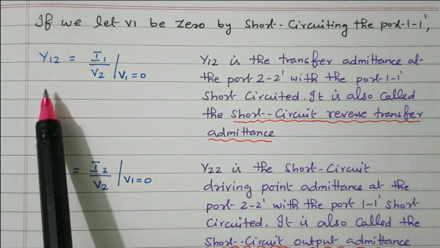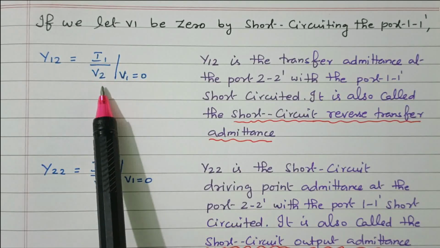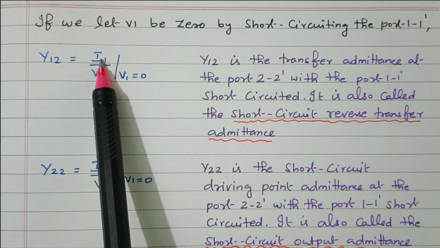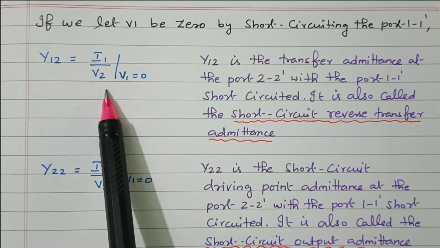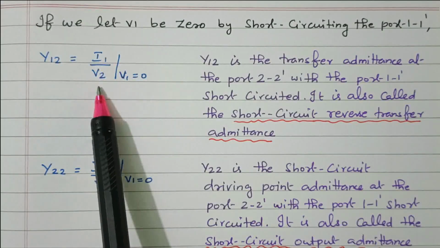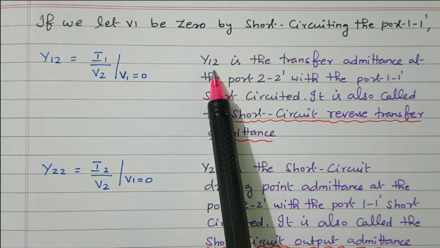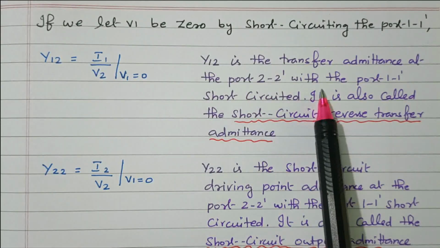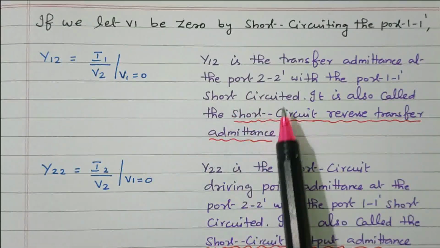Right. So y12, which we just calculated as I1 by V2 by making V1 equal to 0, is also an admittance parameter, current by voltage. But the current is at the input port and the voltage is at the output port, I1 by V2. So y12 is the transfer admittance at port 22 dash with the port 11 dash short circuited.